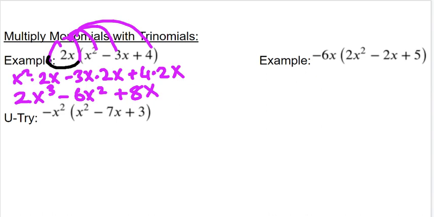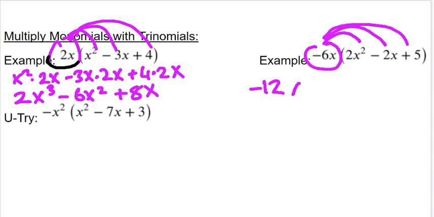Let's look at the next example. We're going to take the outside term and we're going to distribute the outside term to inside of the parentheses for each term. We will have negative 6x times 2x squared is going to become negative 12x to the third power.